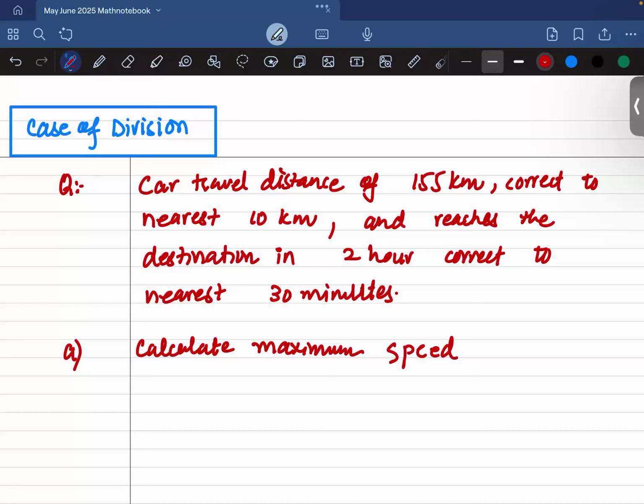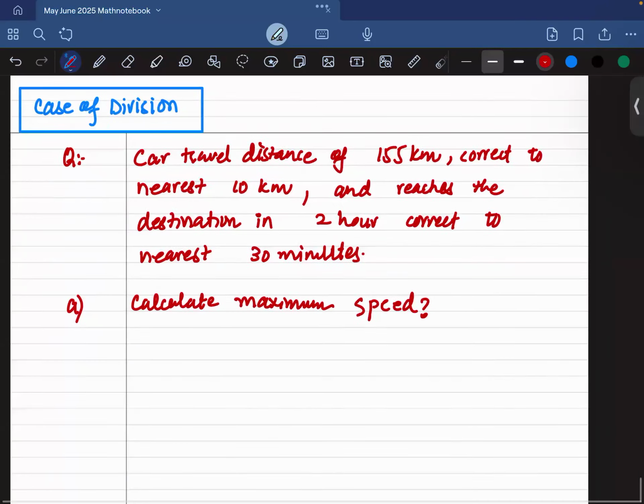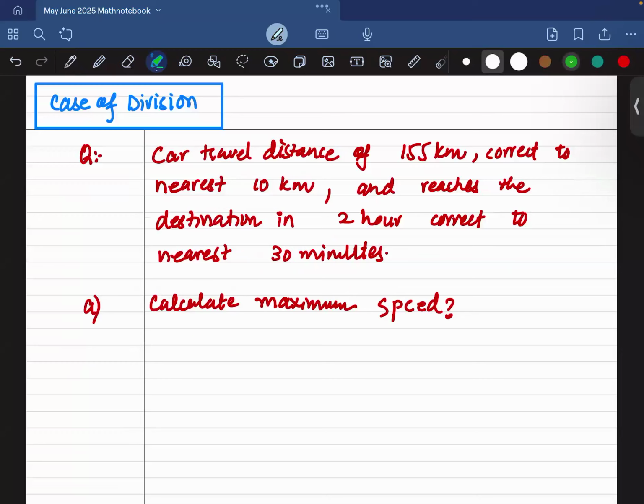Maximum speed. Now beta, all of you, please pay attention. Let's read the question. The question has two portions.